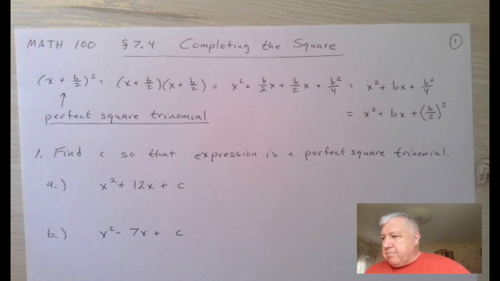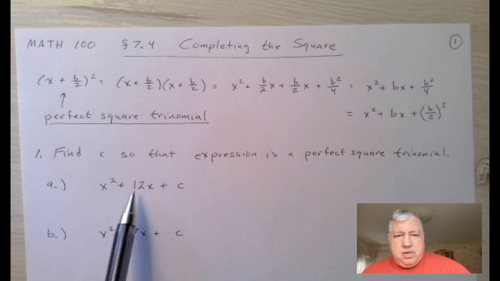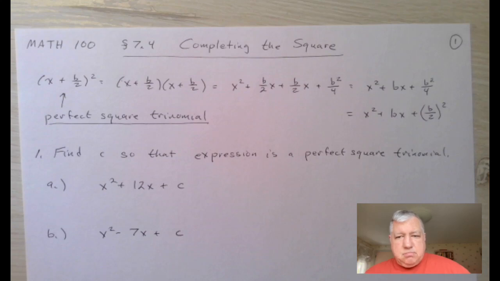This method of completing the square allows any time you have something in the form of x squared plus some number times x, you can transform that into something squared plus or minus some number.